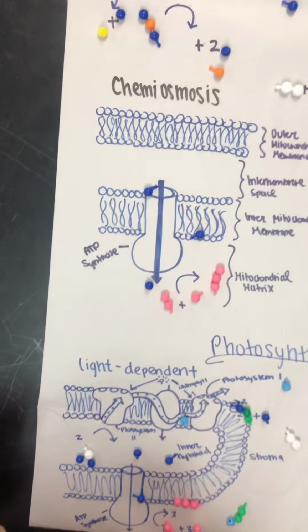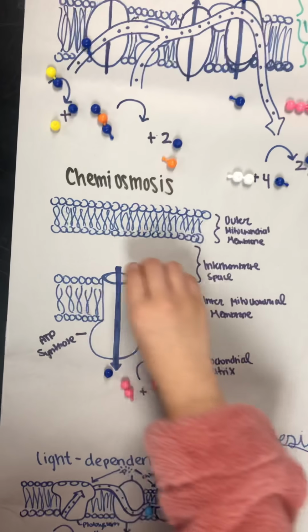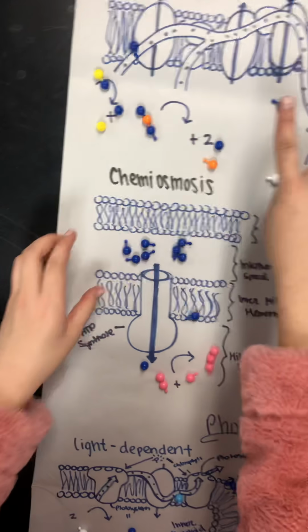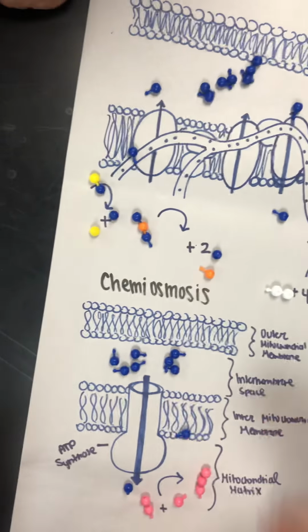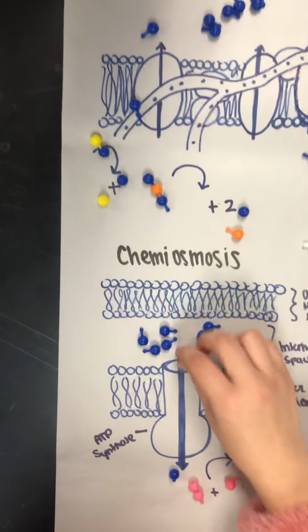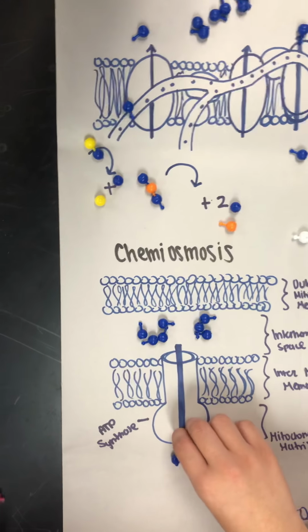I'm Jacqueline, 3.20. Okay, so from the ETC, you have all the hydrogen ions in the intermembrane space, and they're still in the intermembrane space. But in chemiosmosis, the hydrogen ions go down the gradient through ATP synthase.